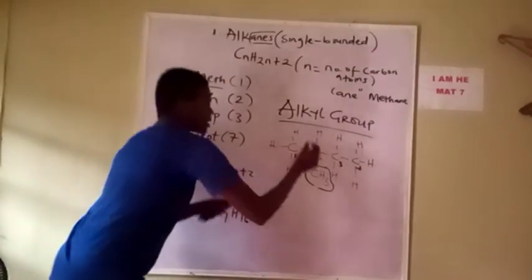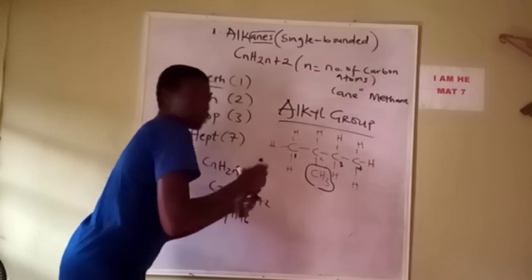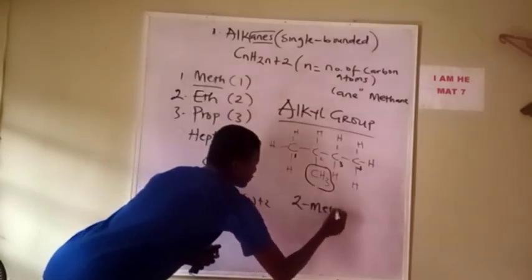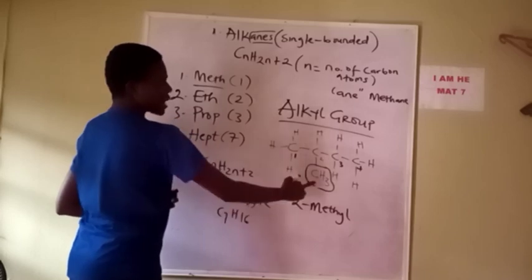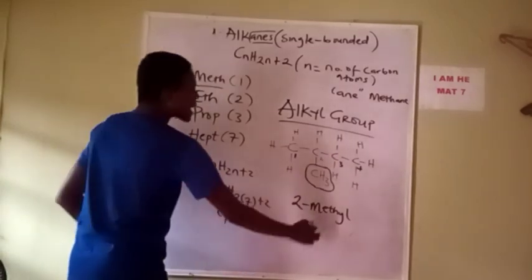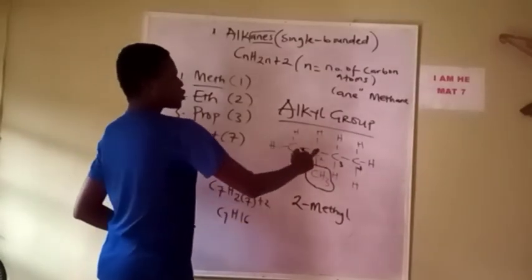This carbon 2 is now 2-methyl. Okay, that's carbon 2. Then the methyl group, this is the functional group, the alkyl group, I mean to say. Now, how many carbons do we have there? Let's count. Carbon 1, 2, 3, 4.